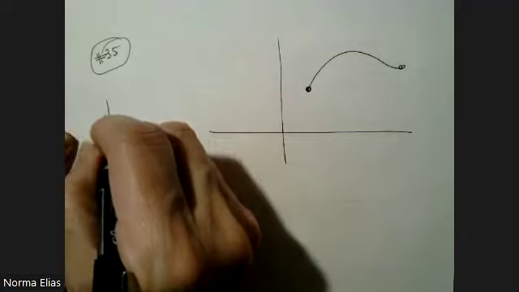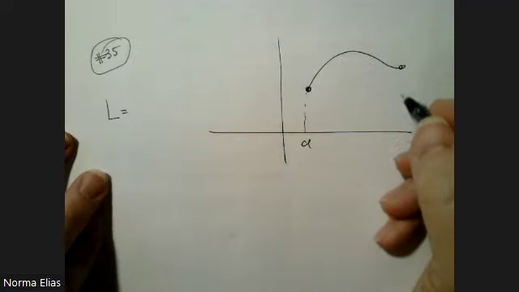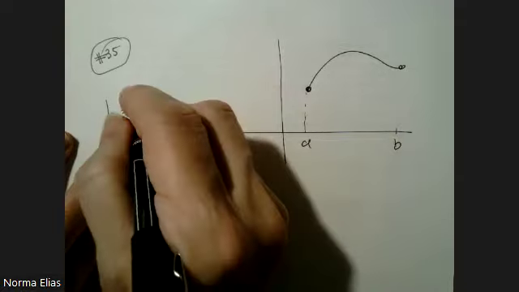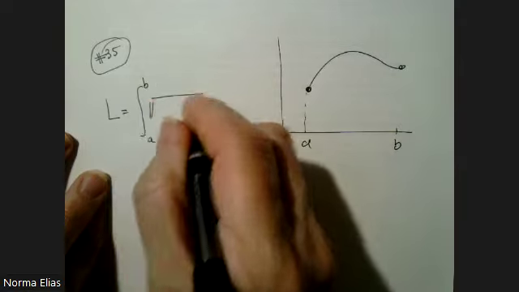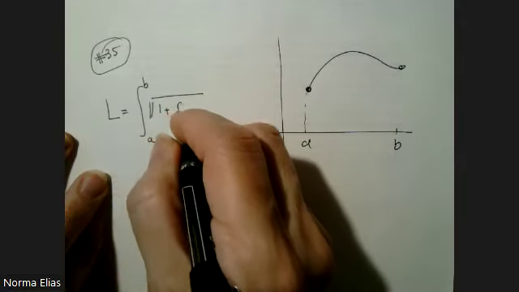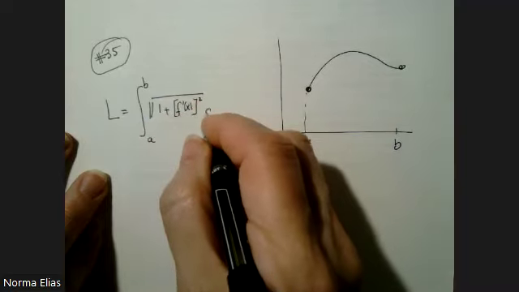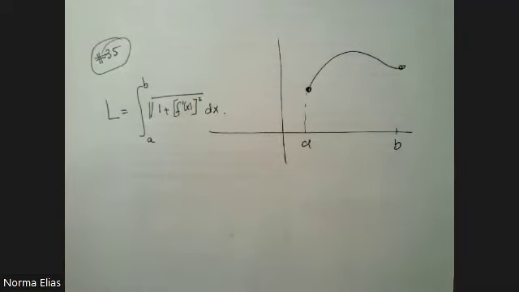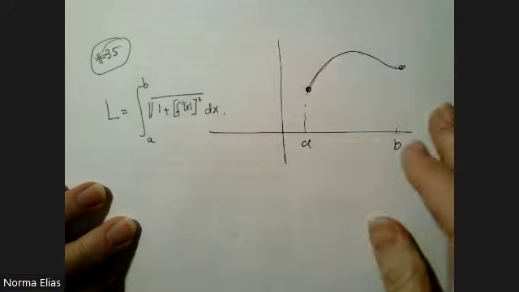The formula for it was not simple, but it's the integral from a to b of the square root of 1 plus the derivative squared dx. And if you remember how we did it, we broke this into little line segments.